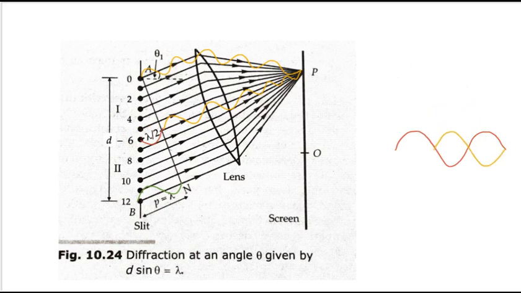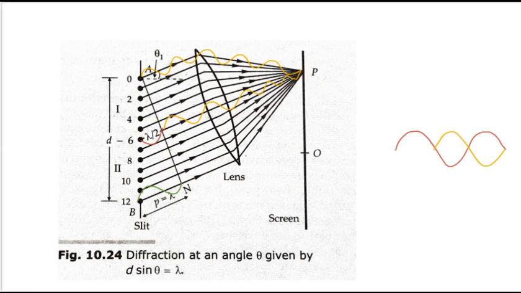The crest and the trough will interfere with each other. If the crest and the trough interfere with each other, at this point P, will you get a bright fringe or a dark fringe? You will get a dark fringe. So I can say when the path difference is how much? Lambda. When the extra path traveled by the light is how much? Lambda. In that case, at this point P, you will get a destructive interference or a dark fringe. Fine.